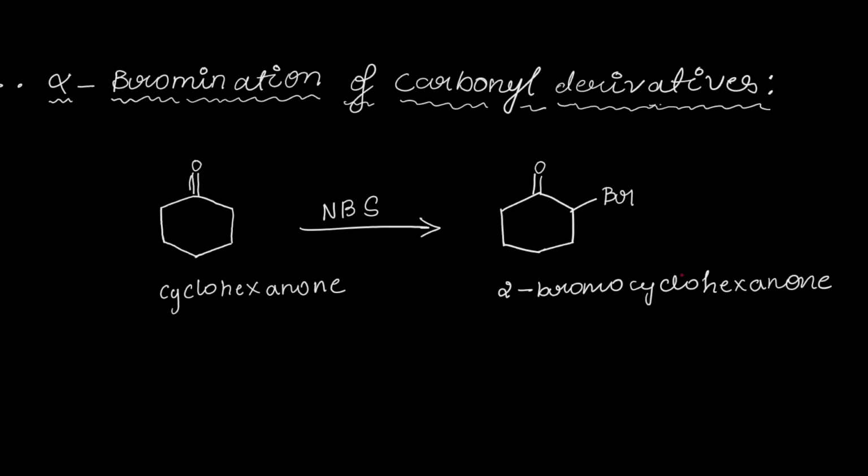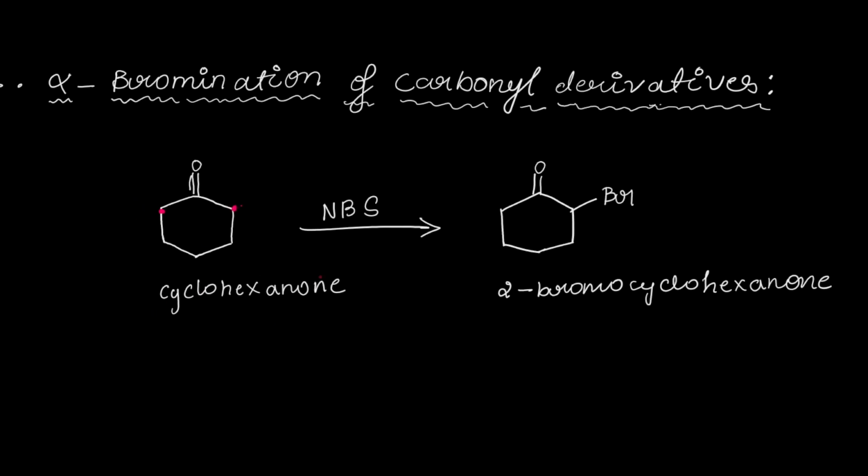and in this reaction, there's a replacement of an alpha hydrogen atom which is adjacent to the carbonyl group. As you can see here, we have the allylic positions here and here. You can add the bromine radical to this position or to this.